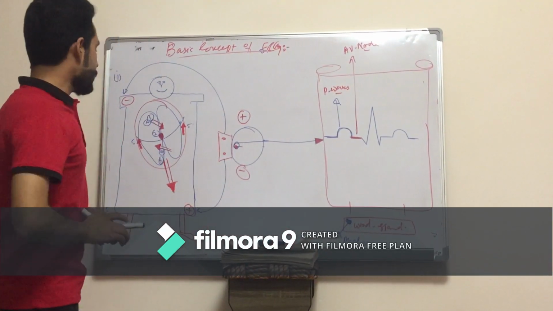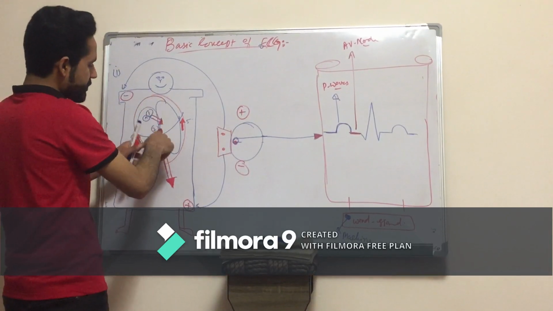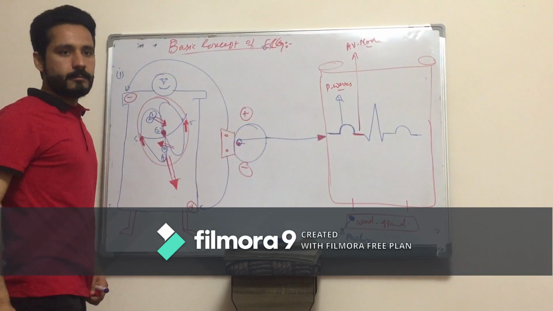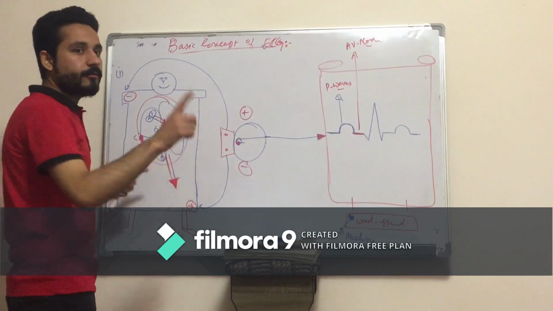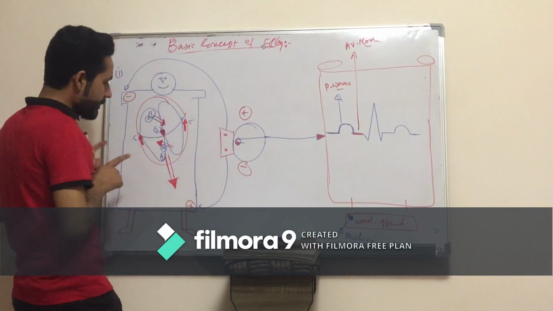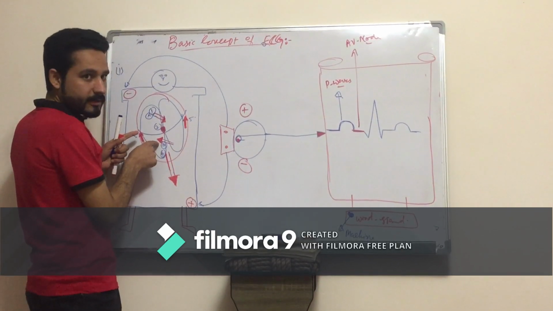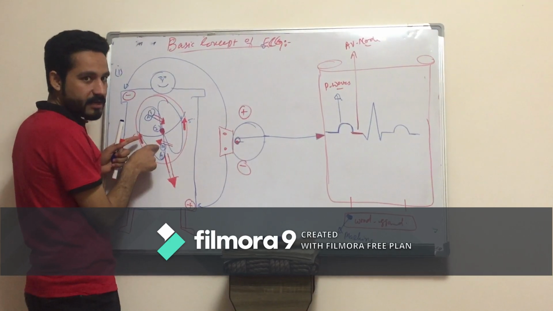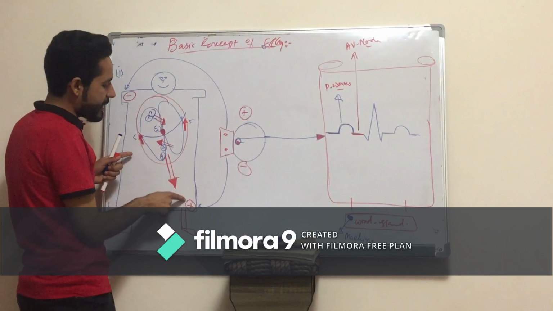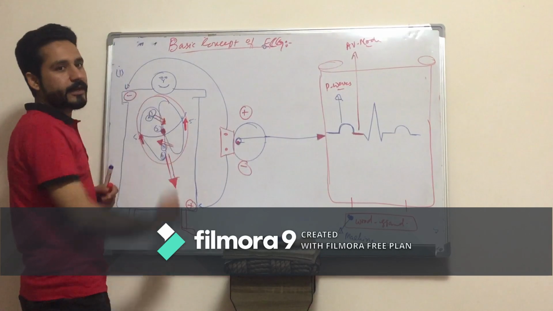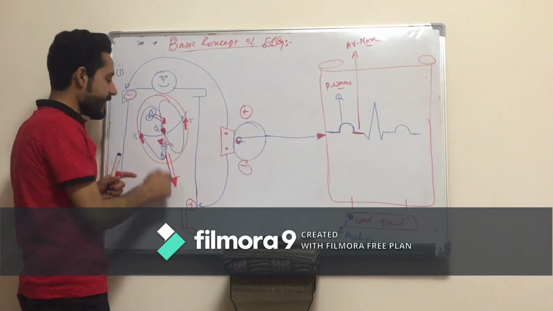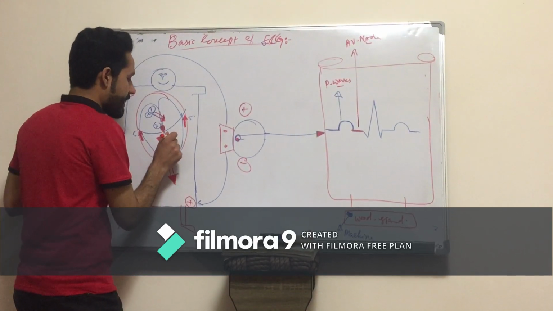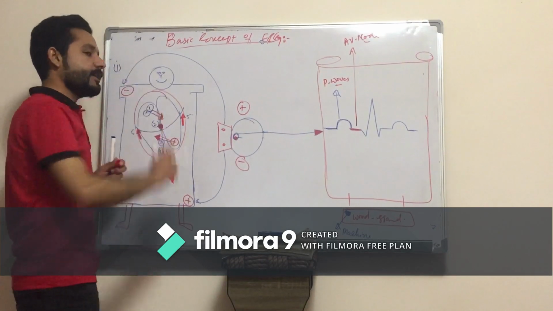Now after that, what will happen when the action potential enters into the septum? It will depolarize the septum. But you know, the direction of the vector is from positive towards the negative. We can say the positive charge is moving towards the negative.